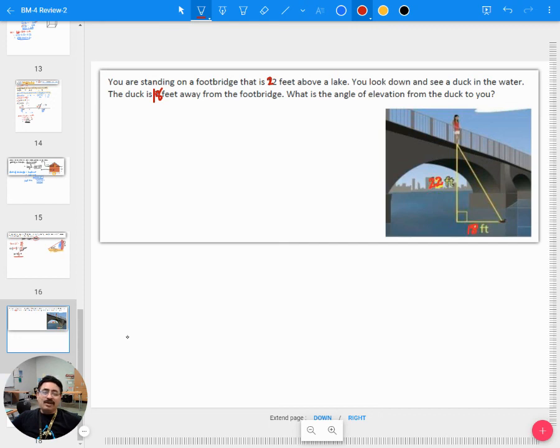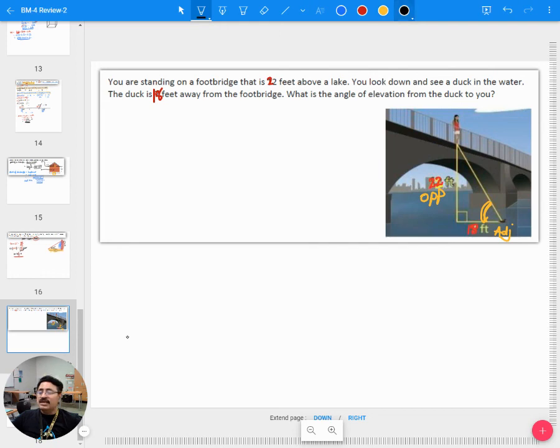What is the angle of elevation? Please notice that you are asked to find the angle, and this is the opposite side to the angle, and this is the adjacent side to the angle, right?